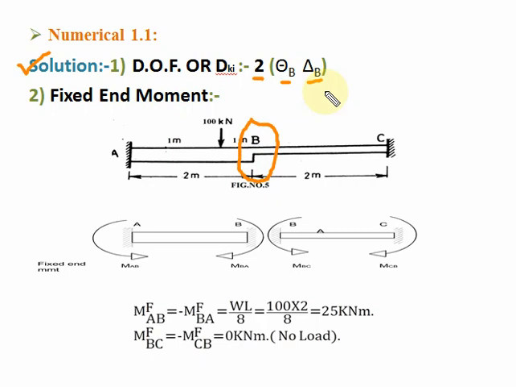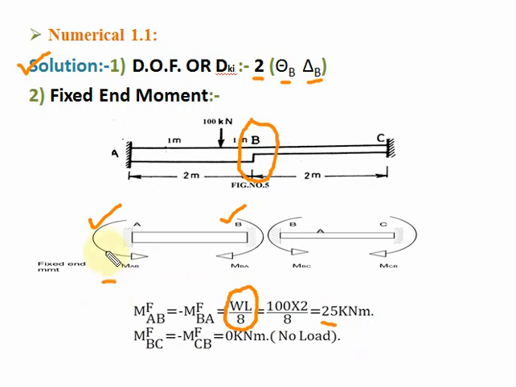So first let's consider span AB. On span AB, the point load of 100 kN acting. So for that, WL by 8 is a formula through which we can find out fixed moment at A and fixed moment at B. So W is 100 into 2 divided by 8 is equal to 25 kN meter.